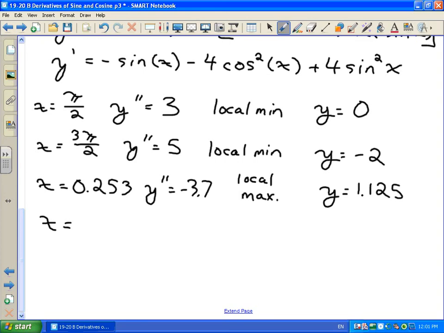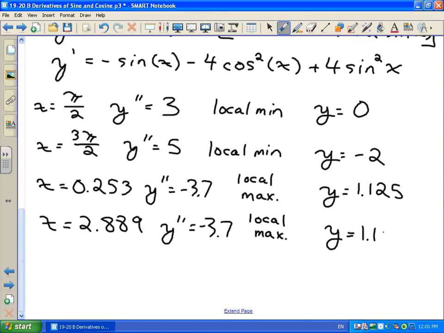It is 2.889. My second derivative works out to be negative 3.7 again. So I've got another local maximum, and my y value works out to be the same thing.